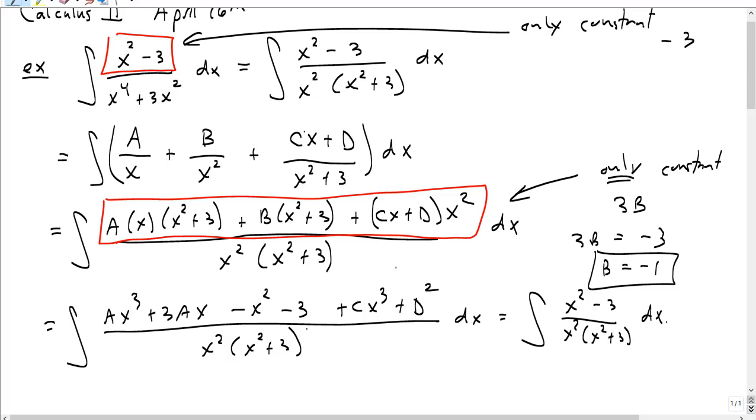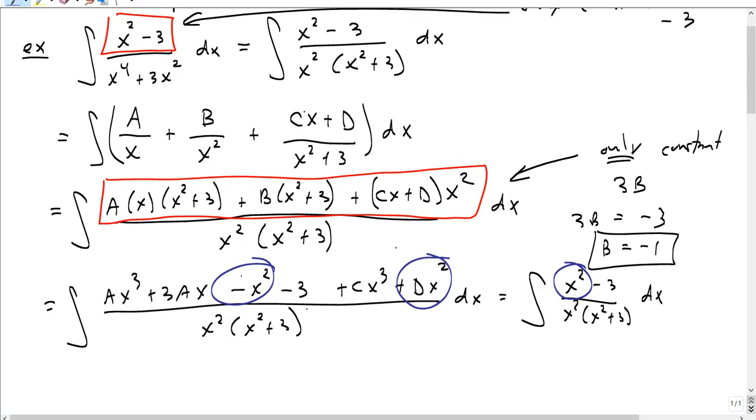No, this is dx squared. Let me just double check this. a times x squared gives ax cubed, and 3ax, yes. b is negative 1, so this is minus x squared minus 3, and then cx cubed, dx squared. Now we have 1x squared over here, and over here we have dx squared minus x squared. Those are the only x squareds we have.